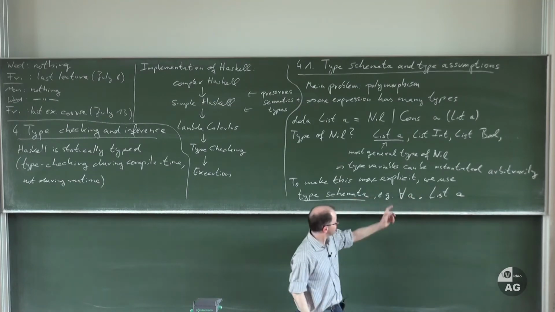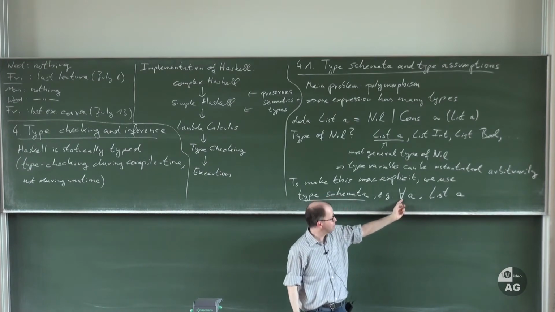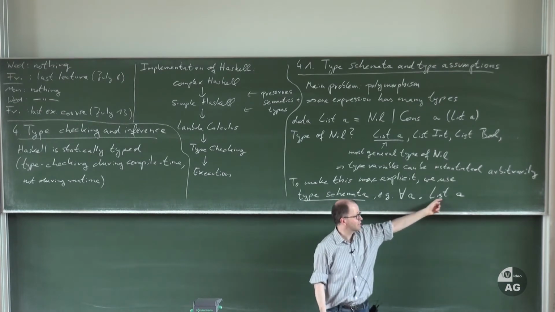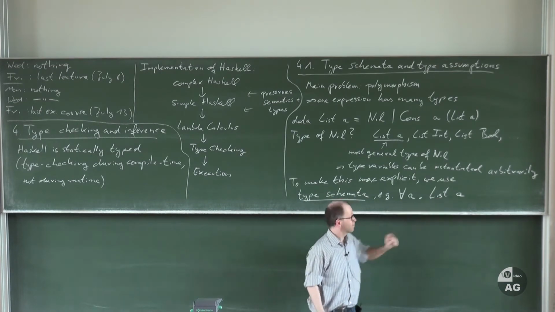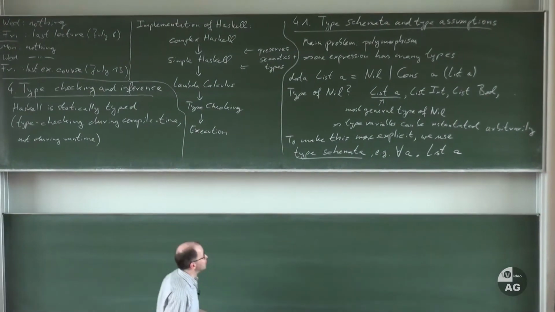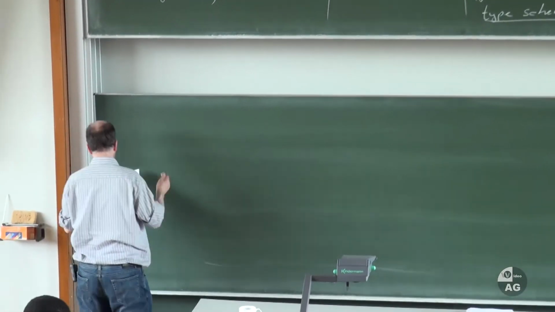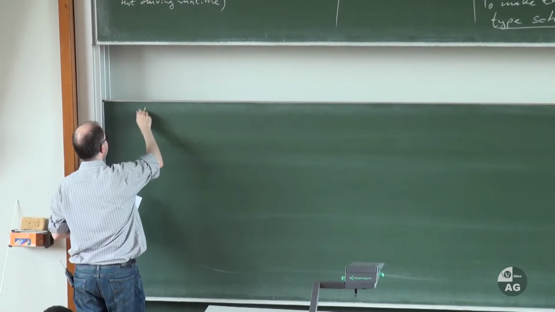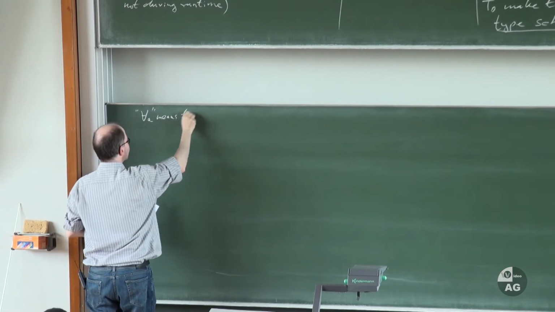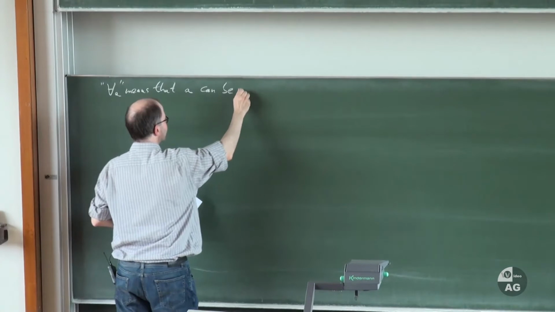So the type schema for nil is for all A, list A. So this is the universal quantifier, meaning for all types A, this is a valid type for nil. We add these quantifiers, and why we need them, we will see in a few minutes. So the universal quantifier, for all A, means that the variable A can be instantiated arbitrarily.